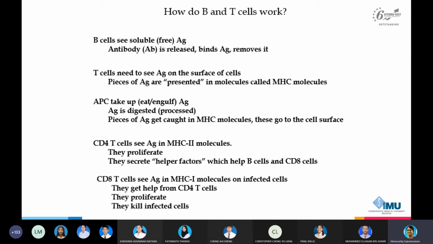So those factors can help the B cells and CD8 cells. Each of these cytokines has its own function. For example, IL6 is known to have a pleiotropic function, meaning it has a wide variety of functions.